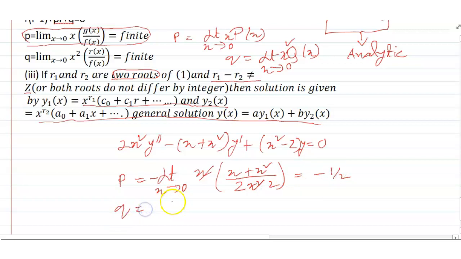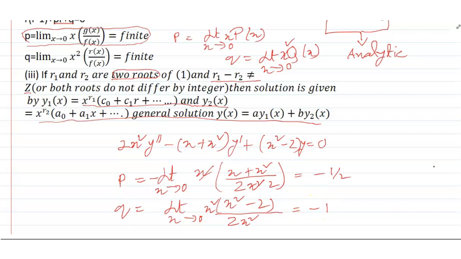And q is equal to limit x tends to 0 of x square minus 2 divided by 2x square into x square, and this value will become minus 1.